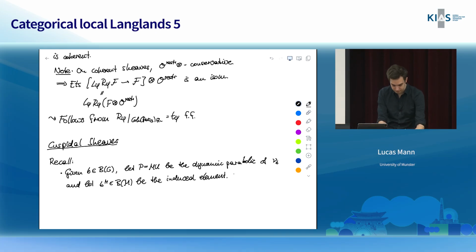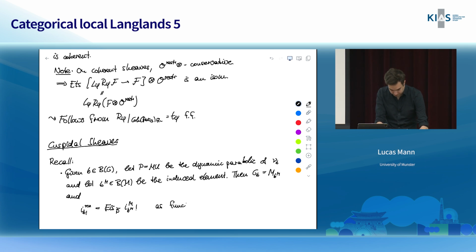Then the group G at this point b is the same as the group M at this point b_M, and I can write the i_b lower shriek, with some small renormalization, and don't worry too much about this, that's just some shift and twist. I can write this as the Eisenstein functor for P minus composed with just the lower shriek restriction, but now on Bun_M.